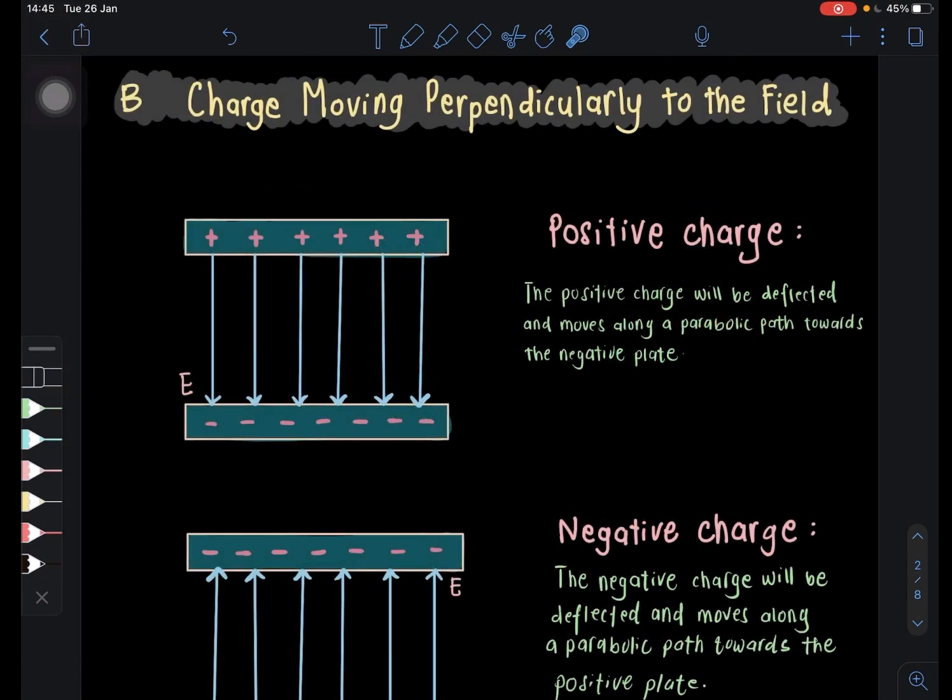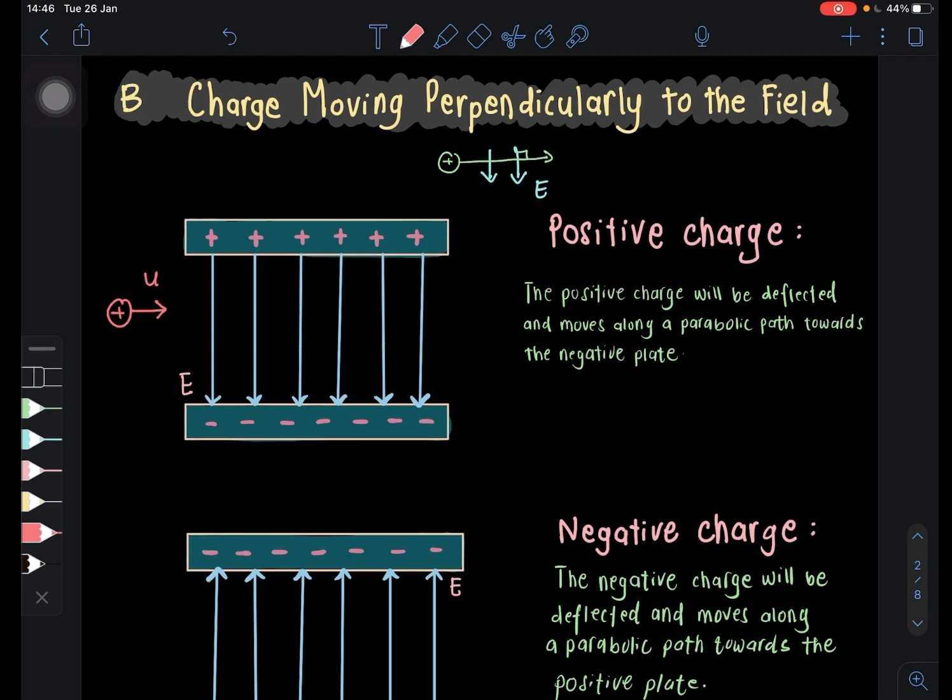So next, we look at the next case, which is when the charge is moving perpendicularly to the field. Perpendicular here means that, let's say the field is going downward, so the charge, let's say a positive charge, is going perpendicular, meaning that it is 90 degrees. Let's say we have a positive charge here, and initially this positive charge is moving with an initial velocity.